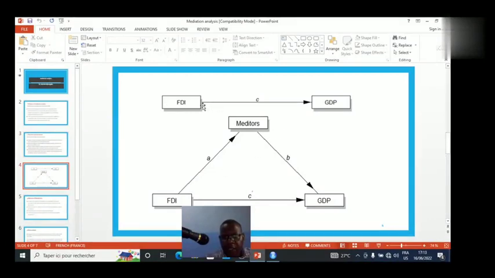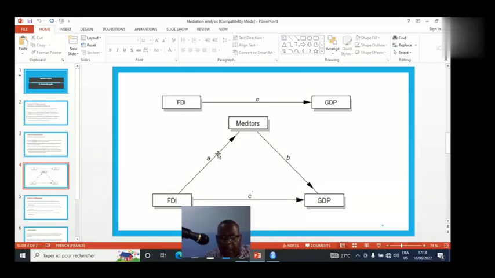The first relationship is between the independent variable and the dependent variable. I use the variables in this presentation: foreign direct investment and GDP, gross domestic product. These are the variables that I'm going to use.